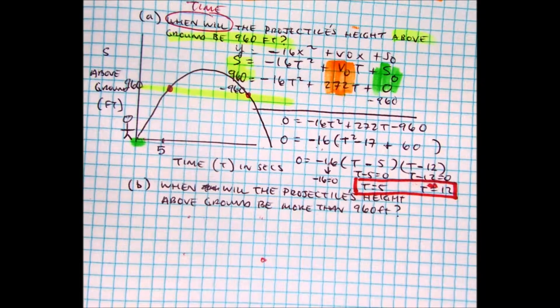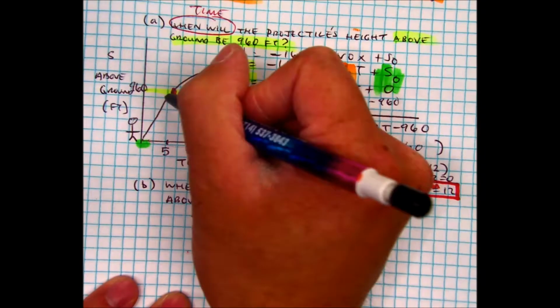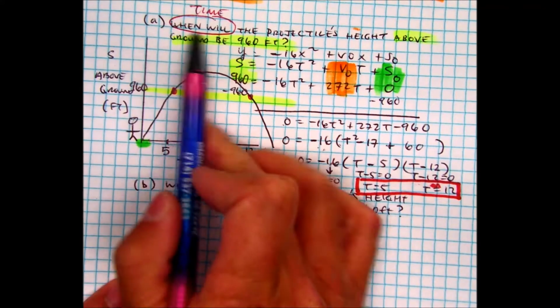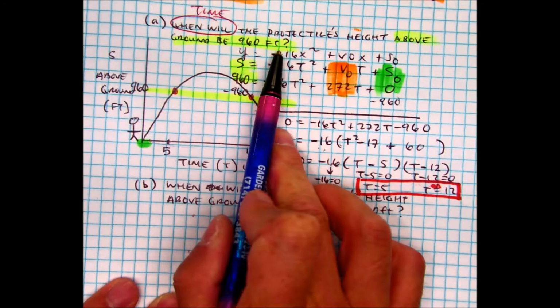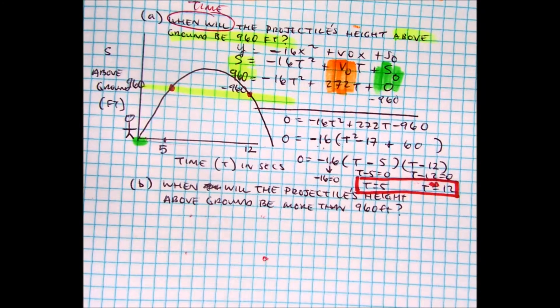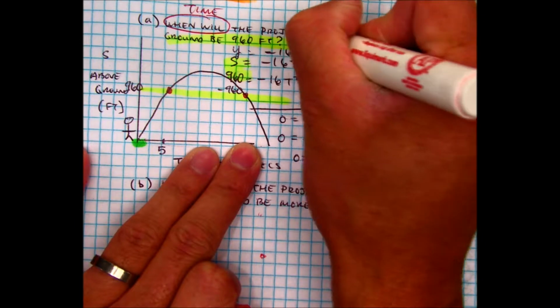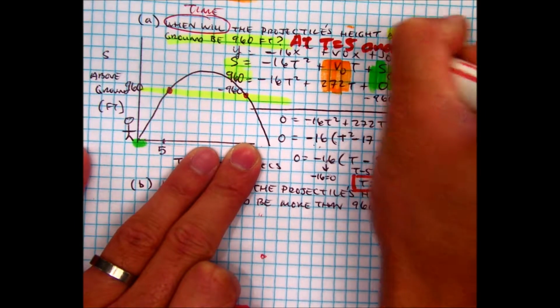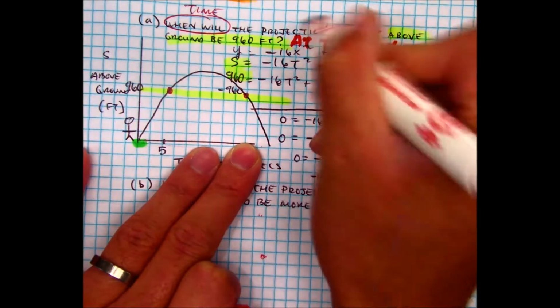But it also will come down to that same point again, right? So that'll happen at 12. So when will the projectile's height above ground be 960 feet? The answer is at t equals 5 and t equals 12.